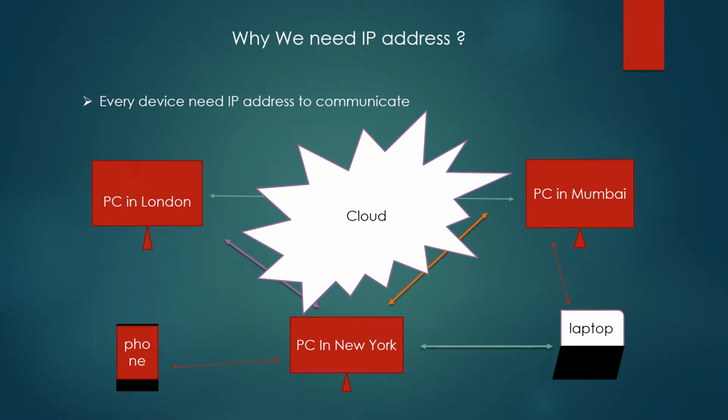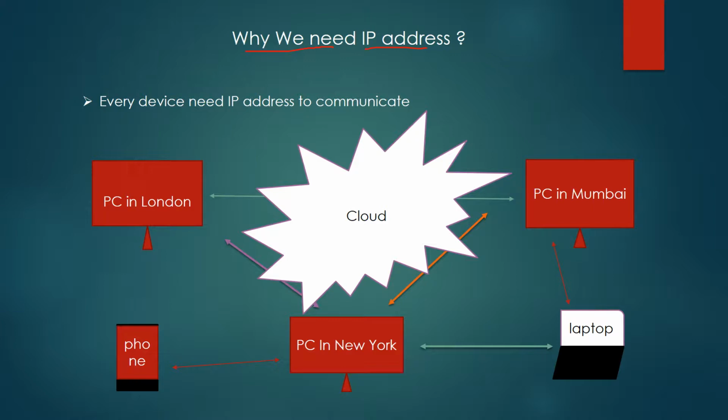Here you can see we have different devices. We have a laptop, 3 PCs, and a phone. So why have I made this diagram? Basically we are going to discuss why we need an IP address.